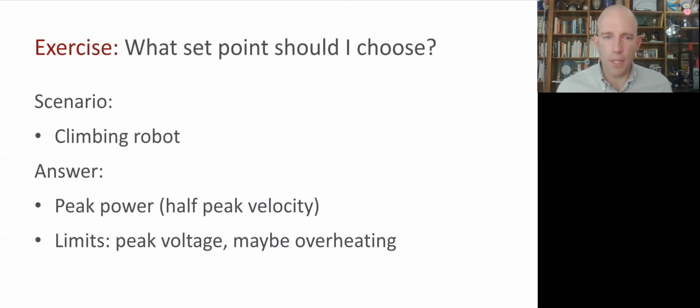So the voltage itself could be limiting. And on the other side, that is going to result in a high current, which will heat the motor coil. And depending on how long our robot is going to be climbing, we might overheat, and that could become a limiting factor. So if we have to do a long climb, probably overheating will be the limiting factor. If we're doing a very short climb, maybe peak voltage is the limiting factor.